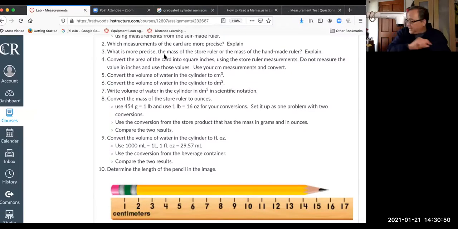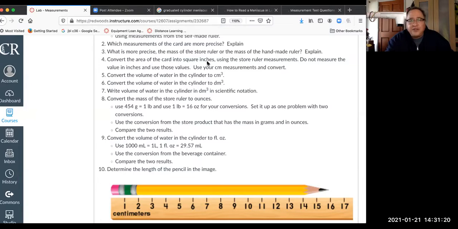There is one more thing I want to show you, and that is, can you see number 4 says, convert the area of the card into square inches using the store ruler measurements. And don't measure the card in inches and use those values. Use your centimeter measurements and convert. I want to show you how to do that. This will take about 2 minutes.